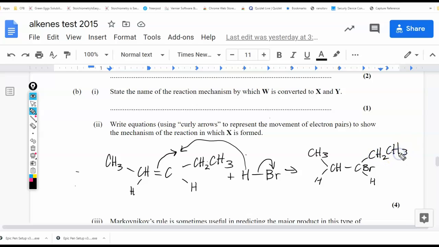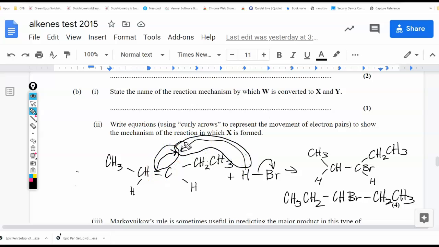That's a giant mess right there, but it's basically CH3, CH2, and that's now where the single bond is, and that's got the CHBr on it, followed by CH2, CH3. So where did they want the curly arrows? They wanted the curly arrows here showing the breaking of the pi bond and the adding of the hydrogen on.